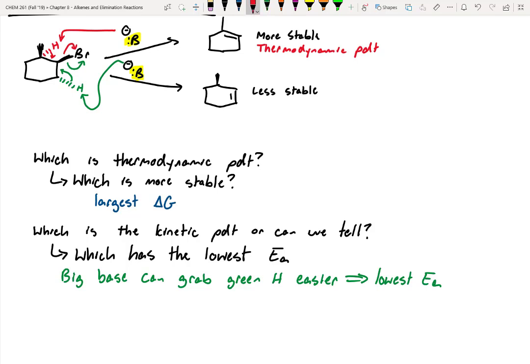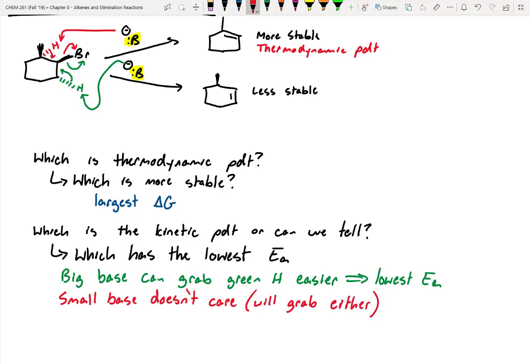All right, what about a small base? Does a small base really care which proton it's going after? Not really. Small base doesn't care. We'll grab either.